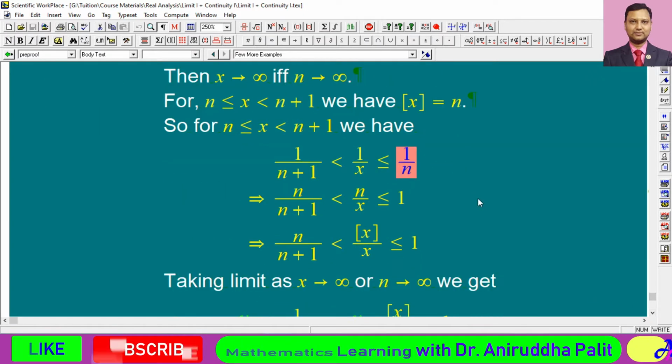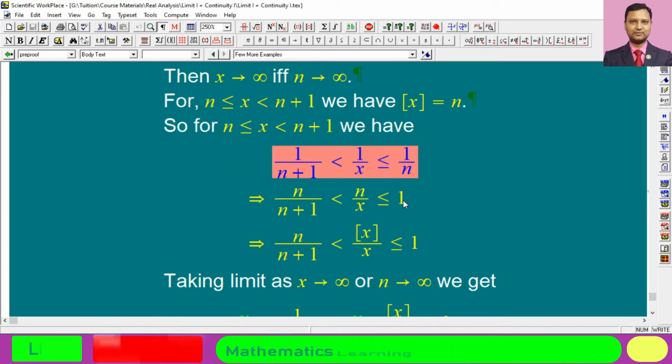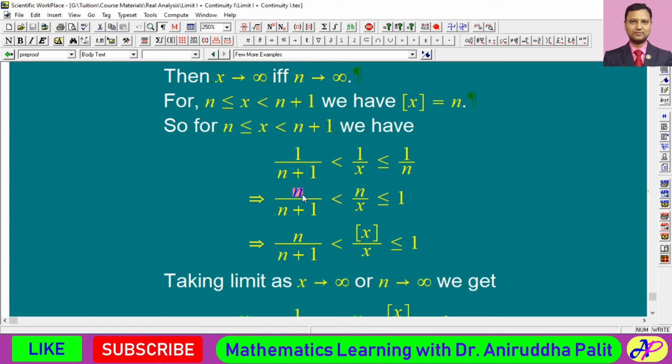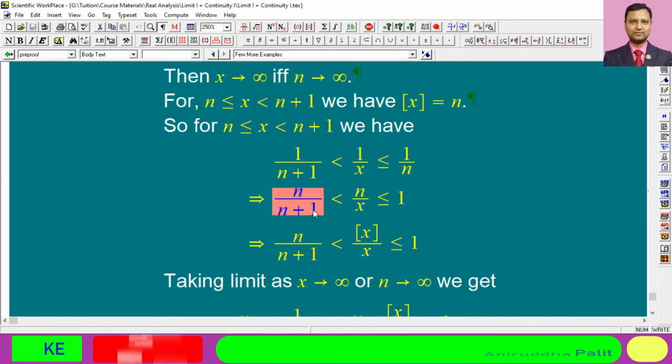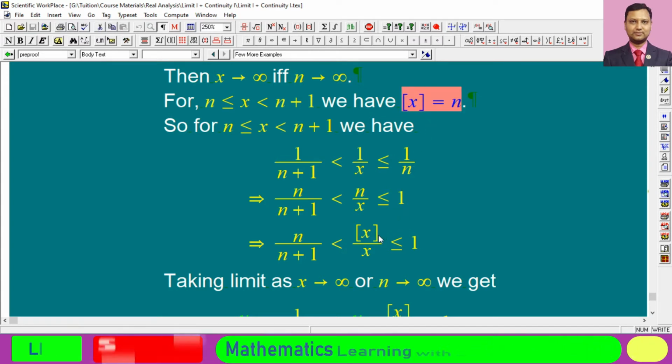And over here, if we multiply this inequality by n, we have the relation that n by n plus 1 is strictly less than n by x, and that is less than or equal to 1. Now what is n? n is equal to [x].